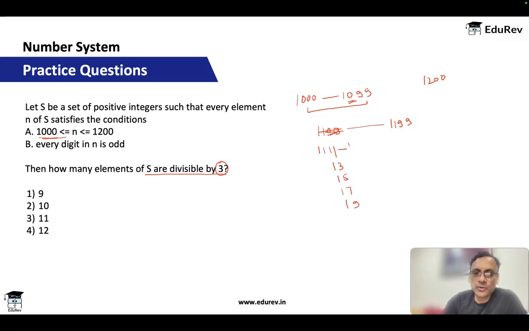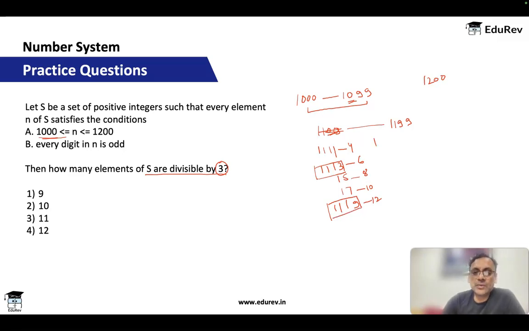So this total is 4. It increases by 2. So this total is 6. 6 total is fine, right? So this is a number which is divisible by 3. Then 1115 will give you a total of 8, this will give you a total of 10, and this will give you a total of 12. So 12 also is fine. So you get two numbers, 1113 and 1119.